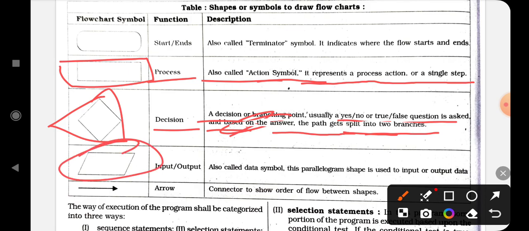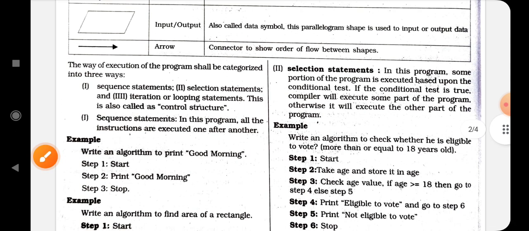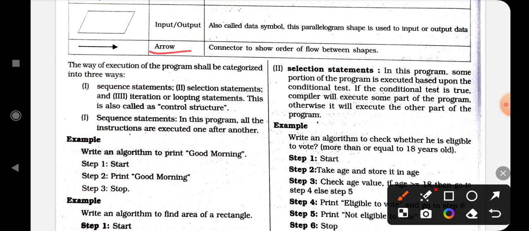Input output, also called data symbol. This parallelogram shape is used to input and output data. Arrow, a connector to show order or flow between shapes.